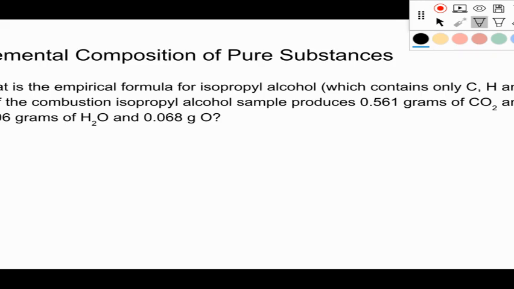So at this point, we already know our grams of oxygen by itself. We do not know our individual amounts for carbon and hydrogen. So let's start by doing our conversions. I'm going to start with 0.561 grams of CO2. Again, on the last slide, we calculated it out.